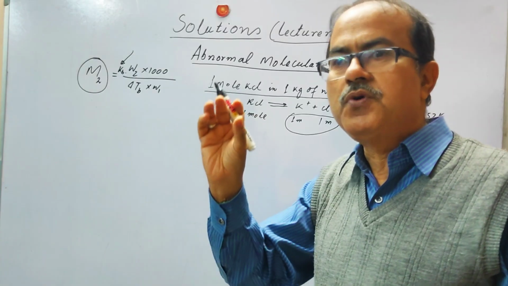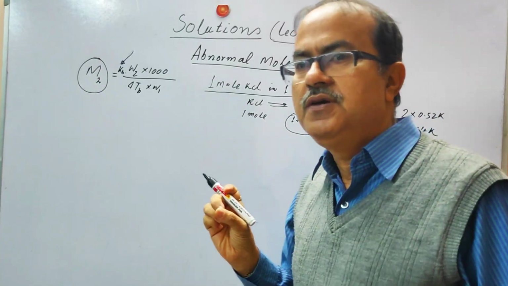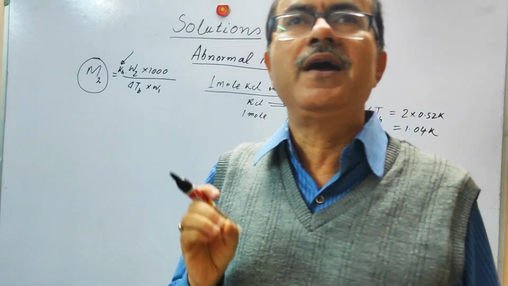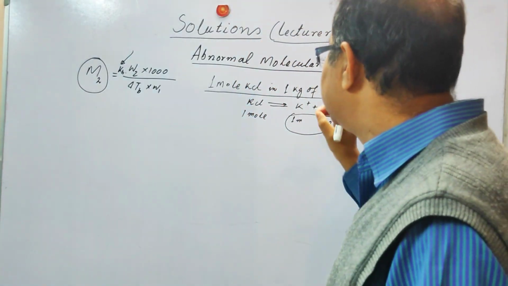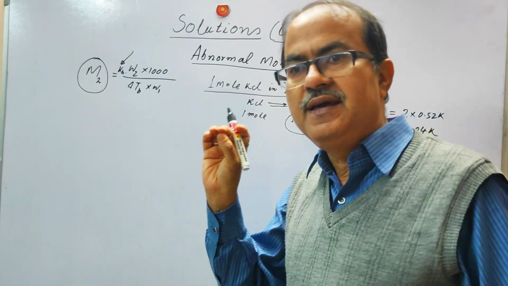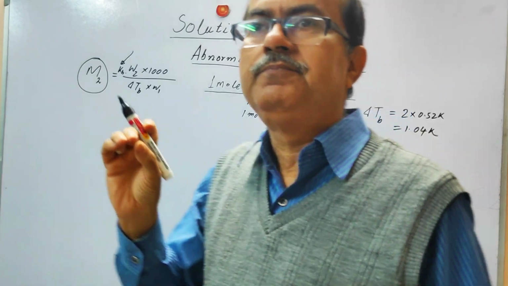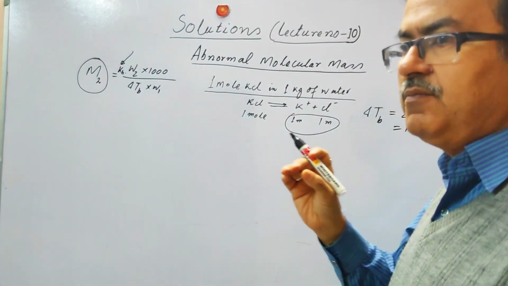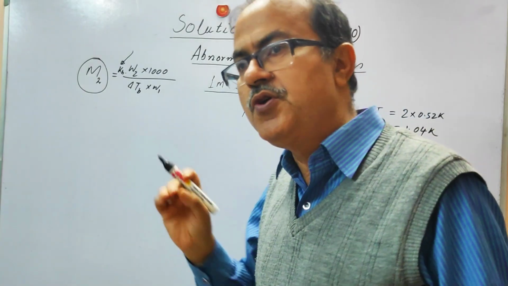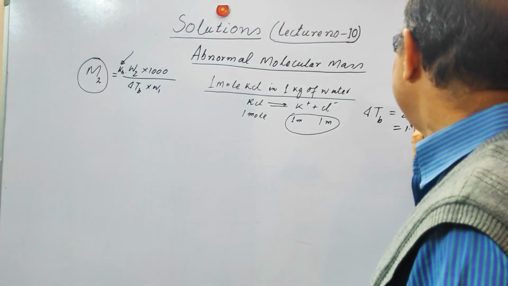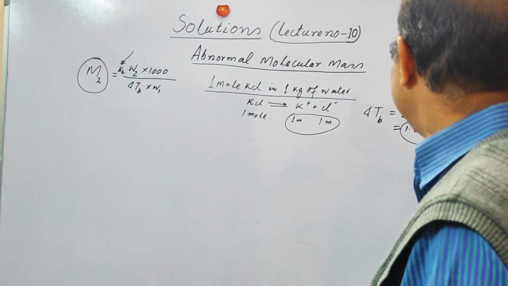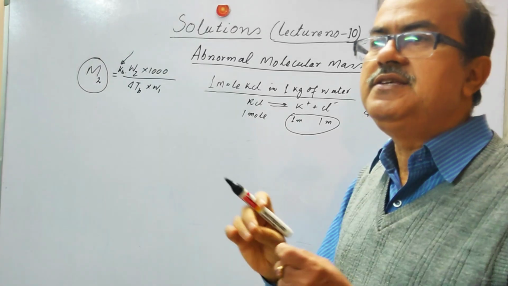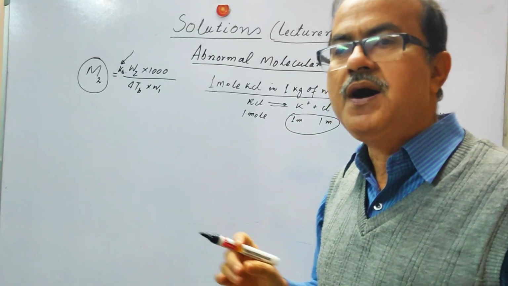Suppose you do not know whether it is dissociated or not; you will wrongly take the calculated elevation of the boiling point as 0.52, but experimentally we will observe 1.04, because there is a dissociation of the ions.